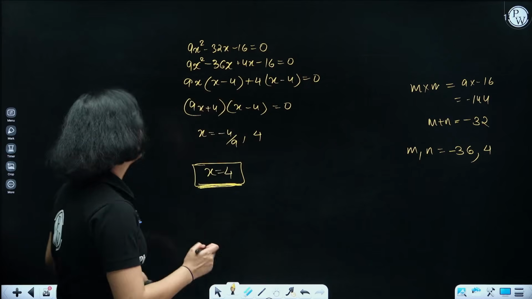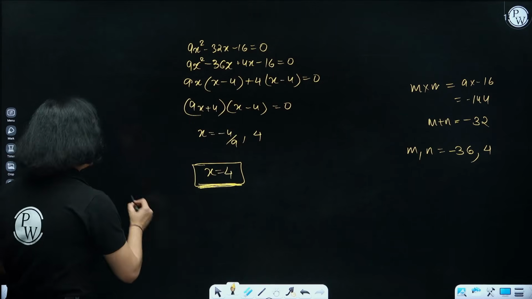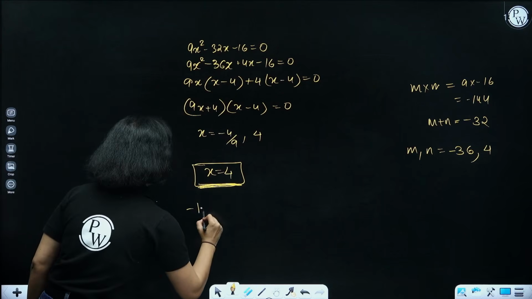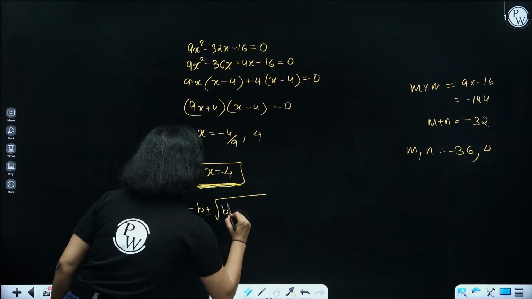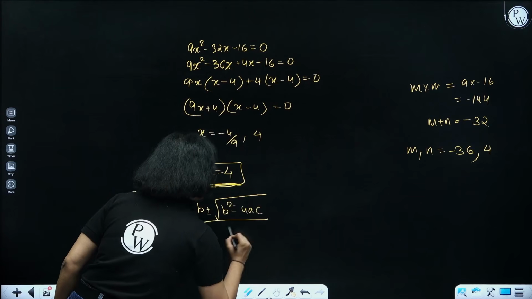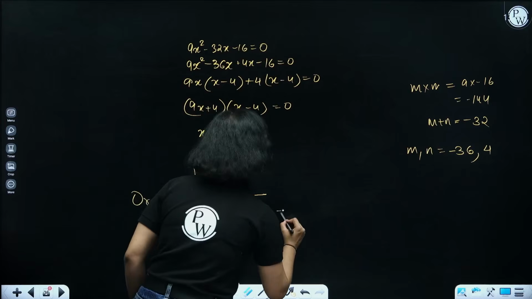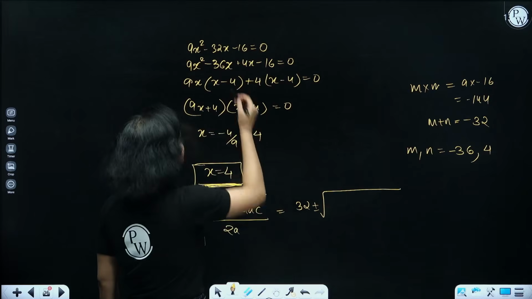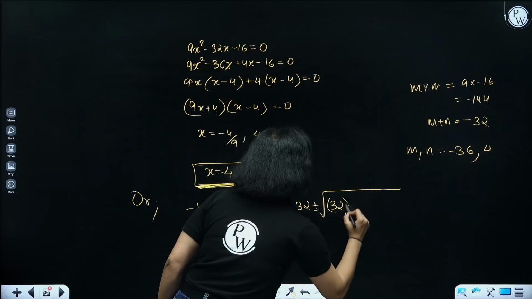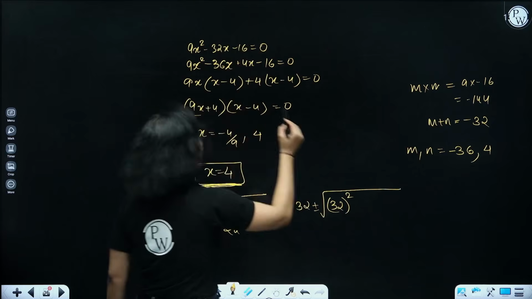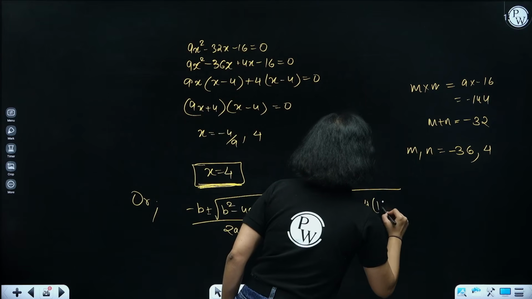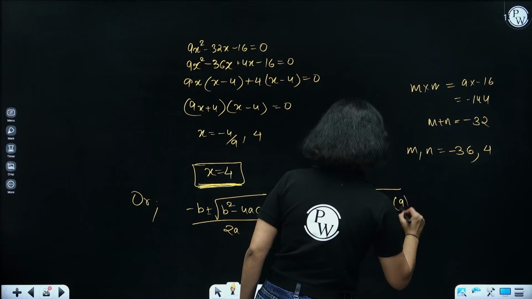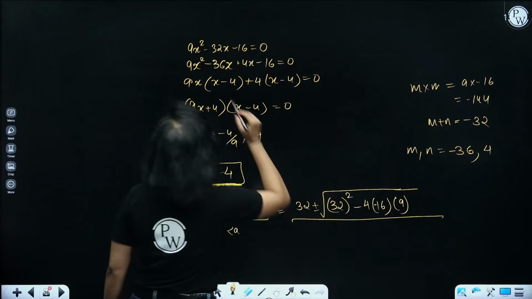And if you have to do it by quadratic formula, you will just write minus b plus minus under root of b square minus 4ac over 2a. Just plug in all the values, everyone. Minus b means 32 plus minus under root of b square, b square means 32 square, minus 4ac, divided by 2a.